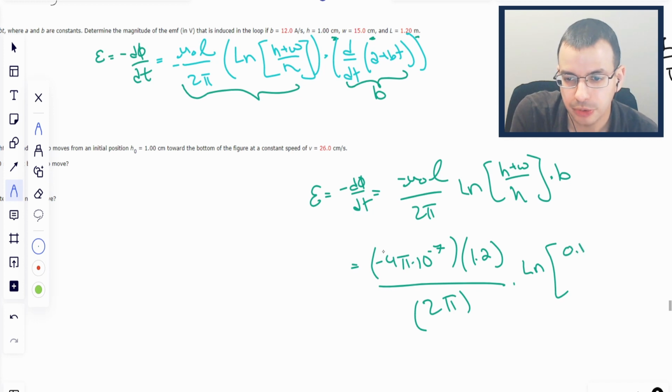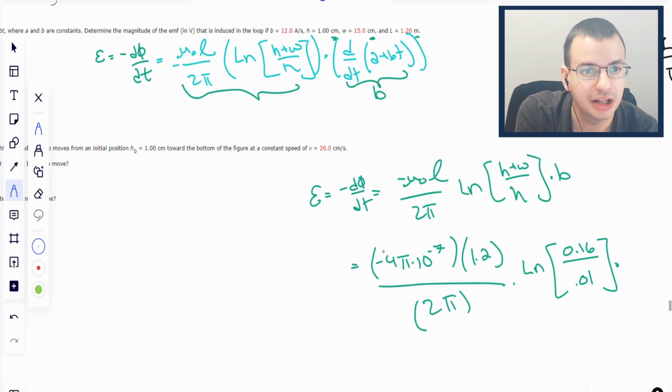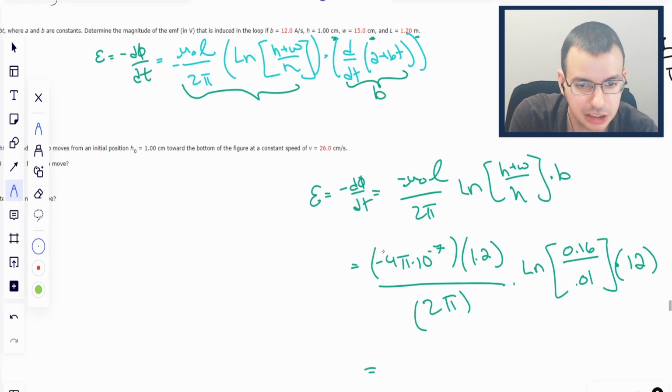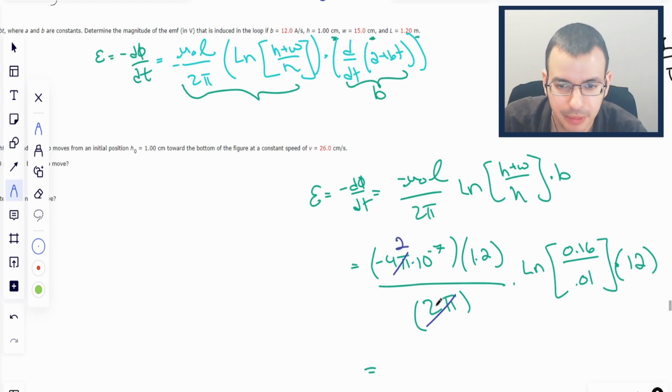So this is going to be 0.16 meters divided by h, which is 1 centimeter, which is the same as 0.01, times B, which they tell us is 12 amps per second. Yep, got most of the terms we need here. Do some canceling. 2 pi and negative 4 pi become 2.